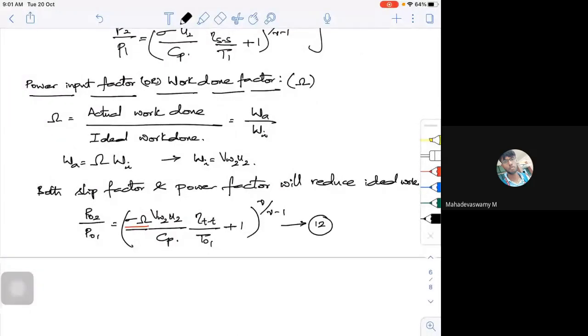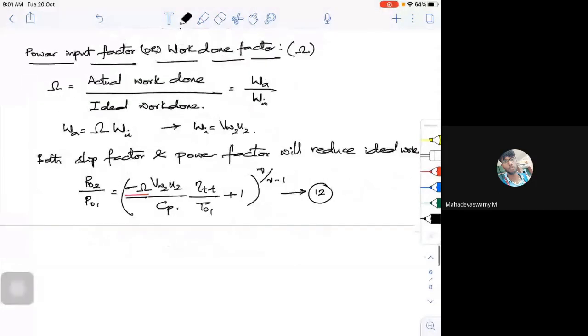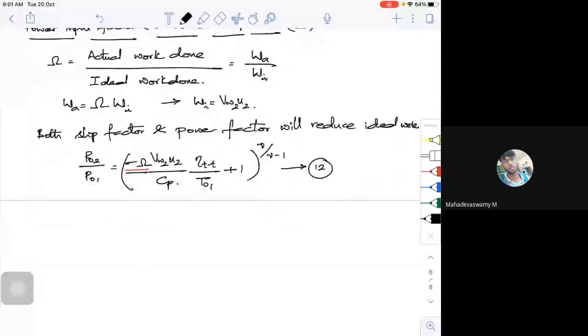Say if it is a radial exit condition, what will happen? The radial exit condition means your Vw2 is equal to U2, and your beta 2 is equal to 90 degrees. That's the meaning of it.